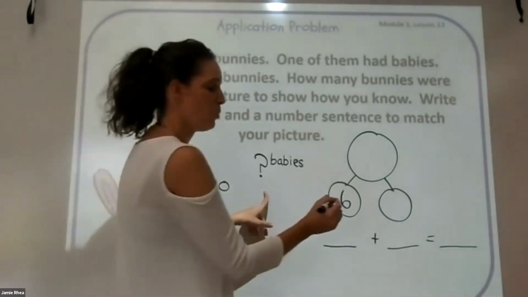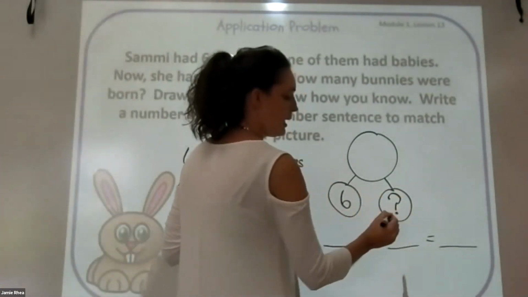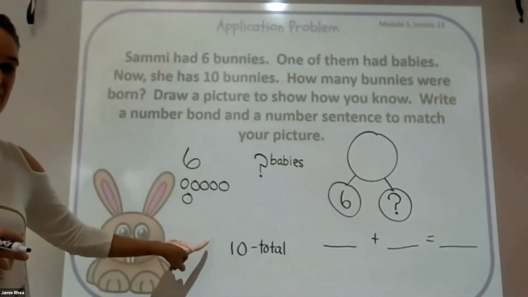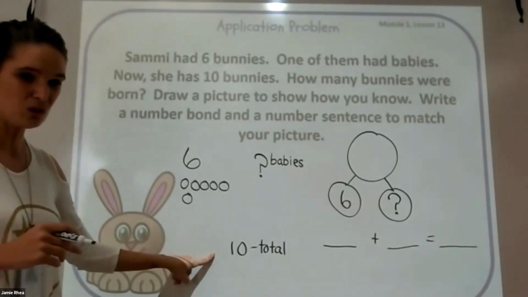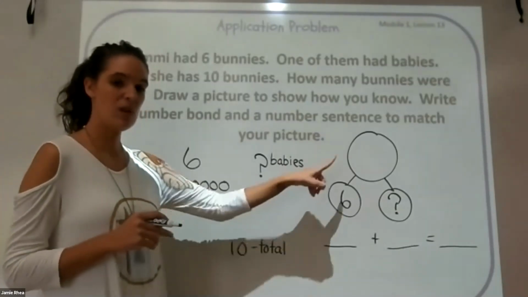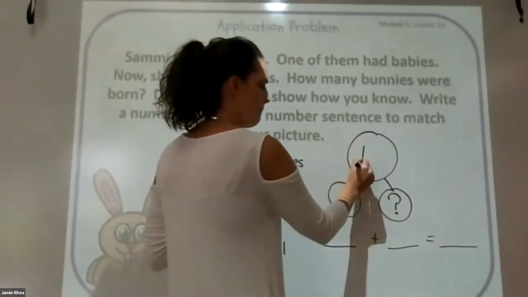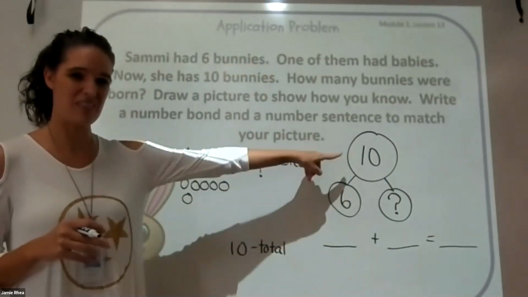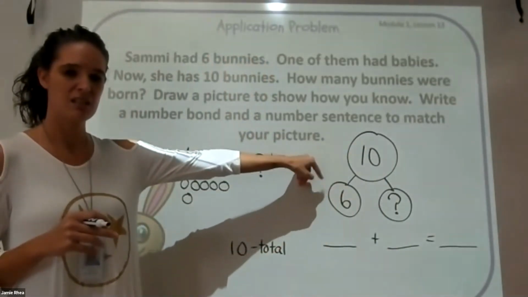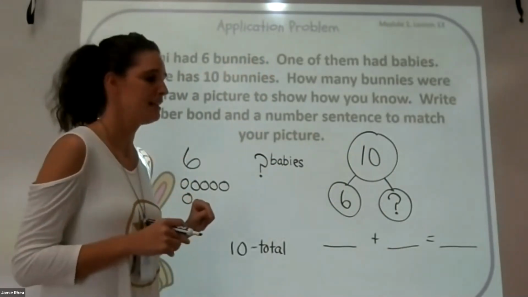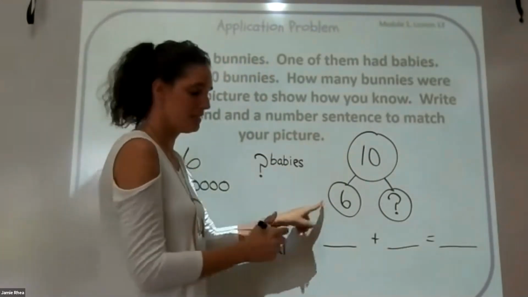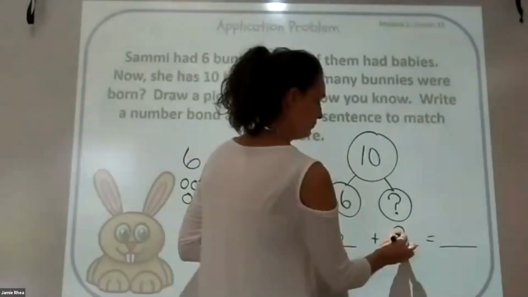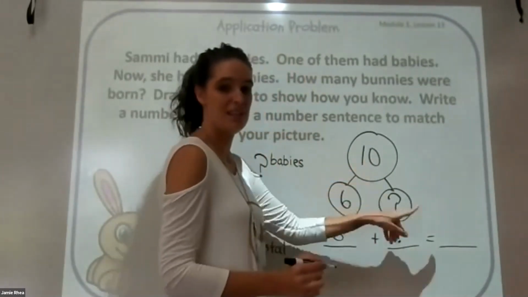So I can either put a question mark or leave it blank. Then we know that she now has 10 bunnies. So our total is 10, and we can put that in our bond. Now, can I fill this in with this information? Yeah, I can. I know that I have 6 bunnies. Some more are born. And now we have 10 bunnies.